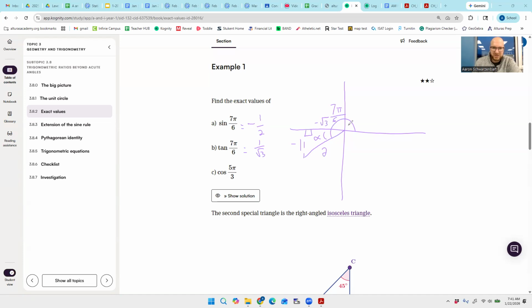Oh, they gave me a different cosine. Cosine of 5 pi over 3. 5 pi over 3 is here. It's pi over 3 less than 2 pi.